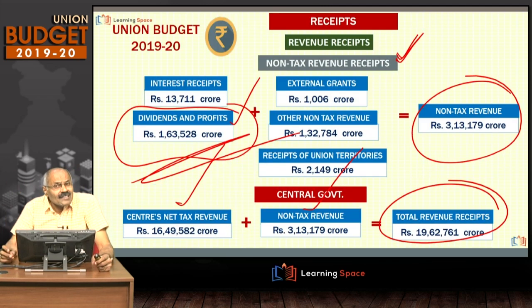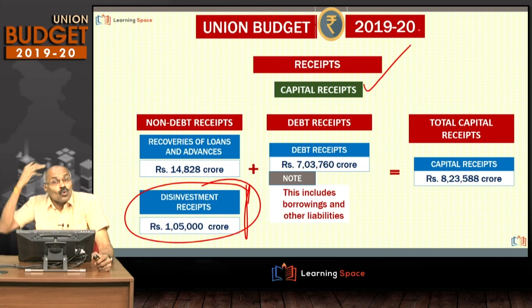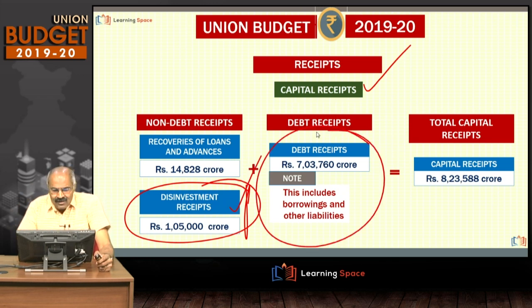For example, if you have a house, you are getting house rent every month. That is an example of non-tax revenue. And if you sold the house for 10 lakhs, that 10 lakhs is an example of capital receipt. That is the difference. Please understand. Right, friends? Here disinvestment is rupees 1,05,000 crores. Debt receipts, this is nothing but fiscal deficit.